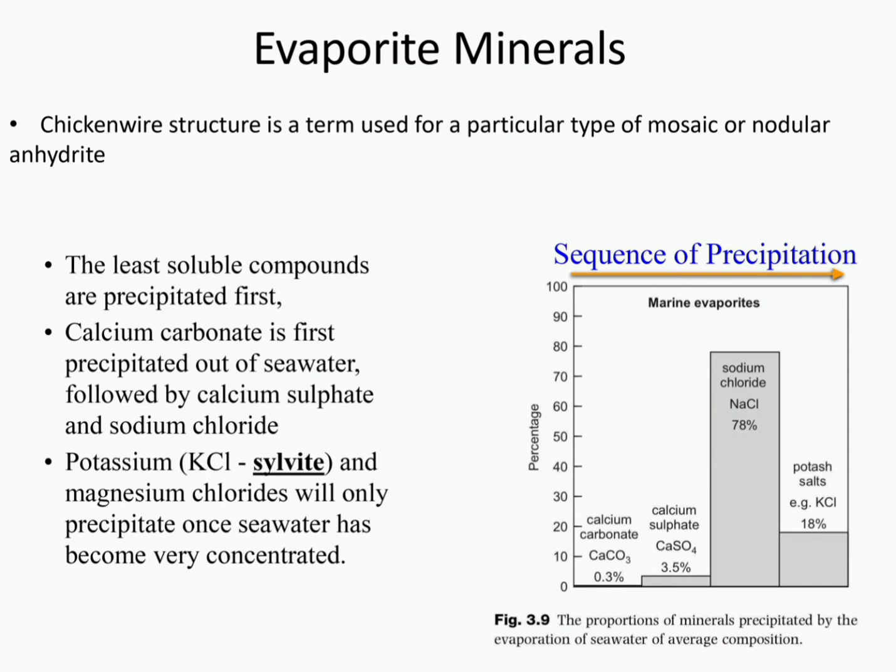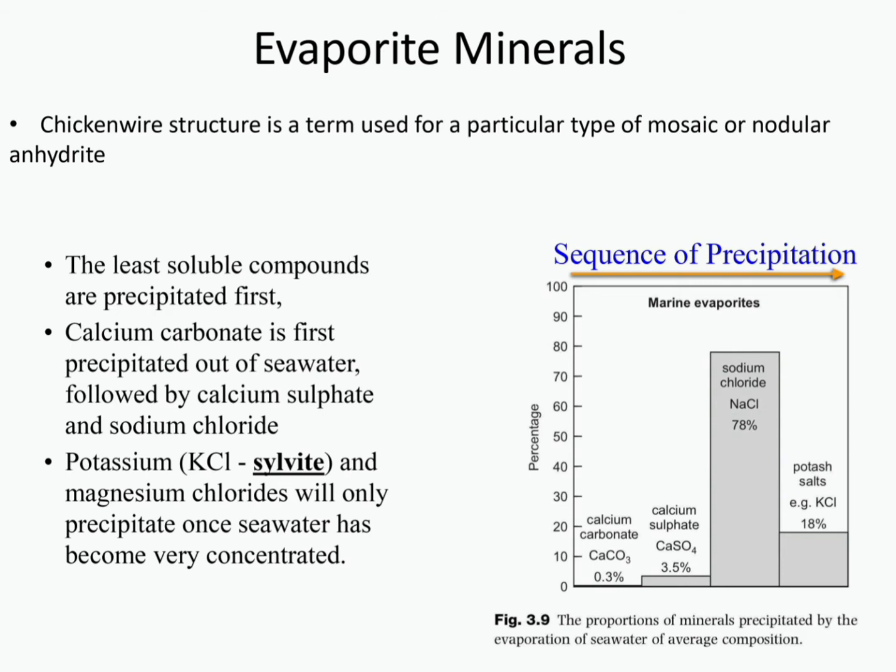Okay, so these are the first to precipitate out of the seawater, followed by calcium sulfate and sodium chloride. Now potassium, sylvite. Sylvite is KCl. And magnesium chloride will only precipitate once seawater has become very concentrated.